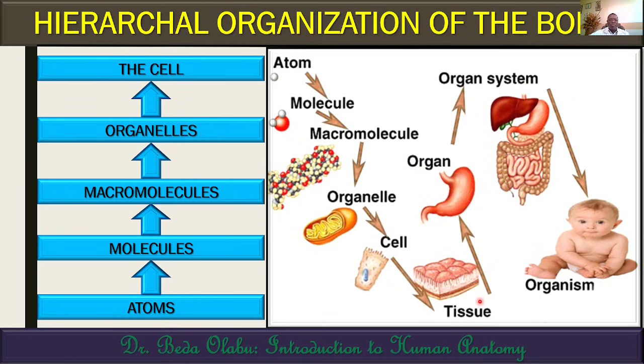Let me put it this way. We have billions and billions of cells in the body. If you are to classify the cells in the body according to their types, perhaps you'll get over 100 different types of cells in the body.